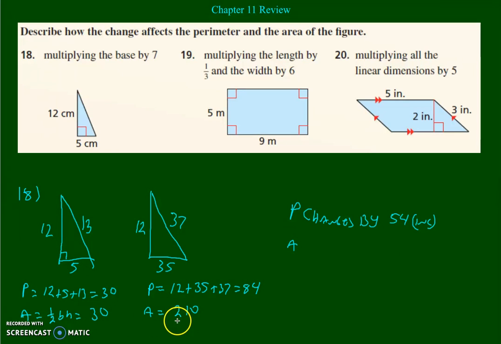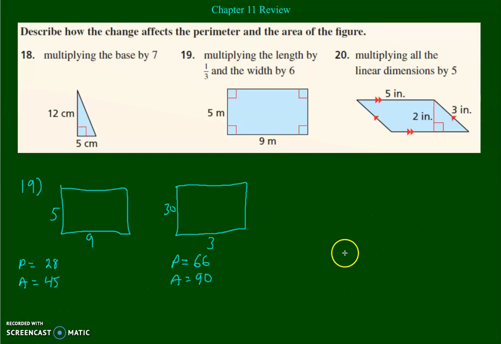And to get from here to here, the area changes by 30 times some value equals 210, x equals 210 divided by 30, which is a factor of 7. So the area changes by a factor of 7. All right, let's move on to 19.